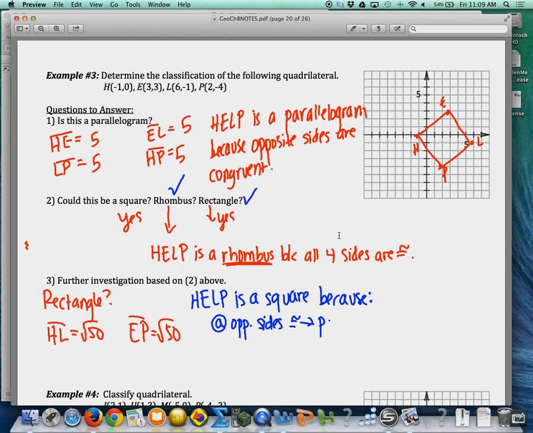That showed that it was a parallelogram. What did we show after that? That it was a rhombus. How? All 4 sides are congruent. So 4 congruent sides tells us that this is a rhombus.